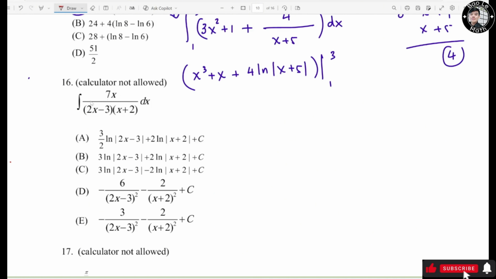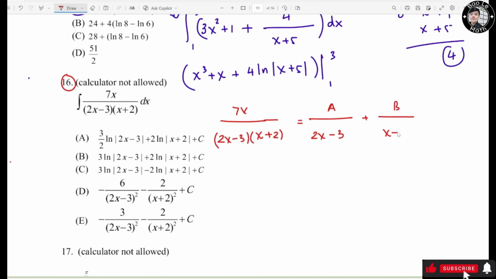Now question 16, we're going to use partial fraction decomposition. So we have 7s over 2s minus 3 times s plus 2. Look at the bottom here, we have two linear factors, so the top should be A over 2s minus 3 plus B over s plus 2.